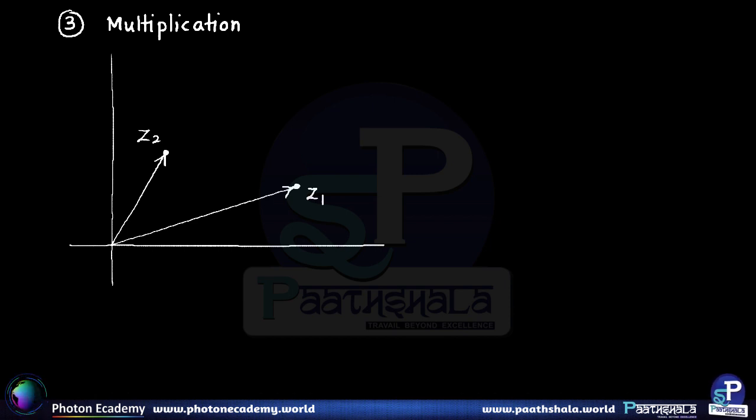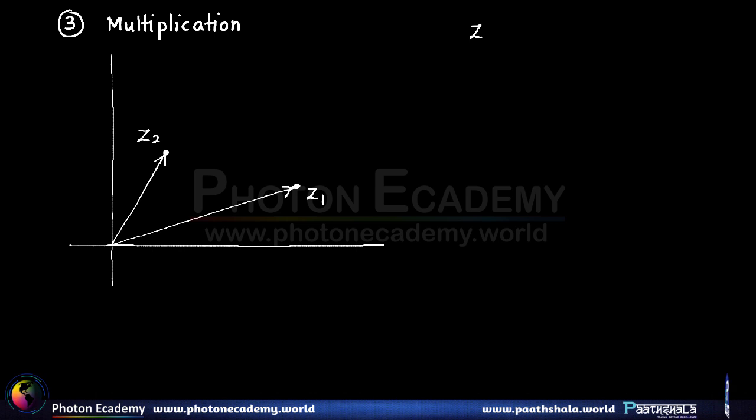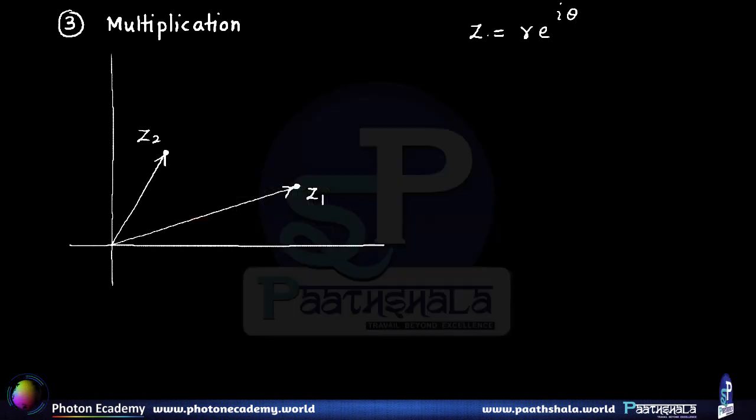Now here to do the multiplication we take use of the Euler's form of the complex number. Now we know that any complex number can be written as r into e raised to i theta, where r is the magnitude and theta is the argument. Right. So let us denote z1 as r1 into e raised to i theta 1 and z2 as r2 into e raised to i theta 2.